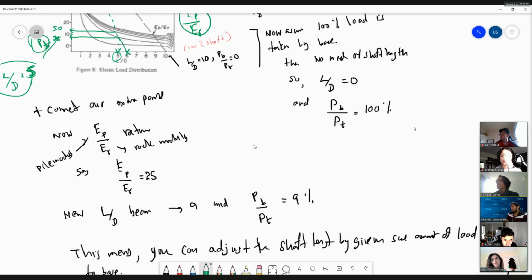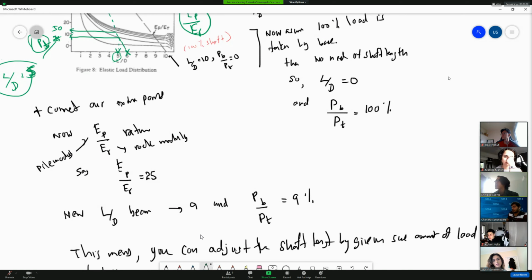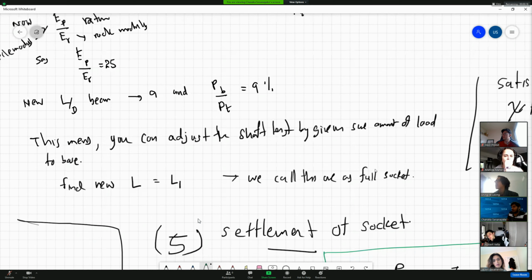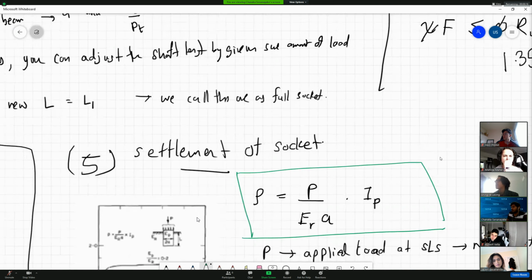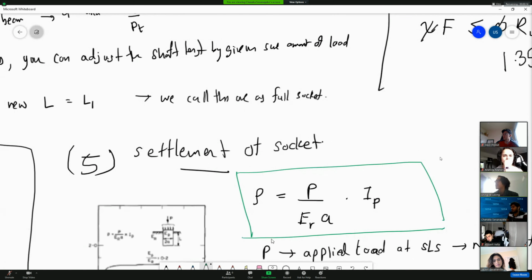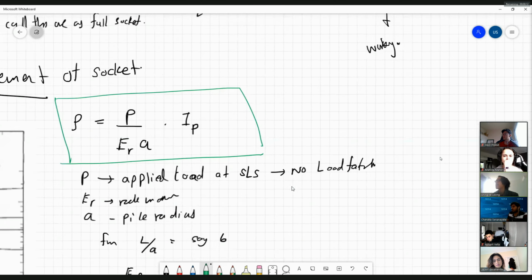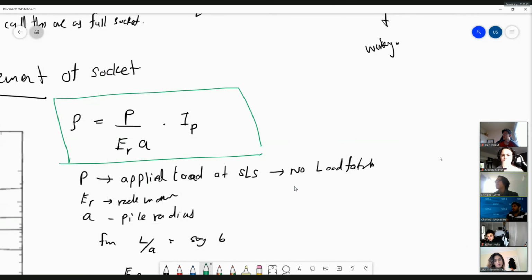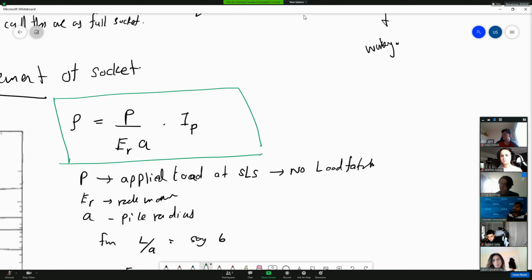So delta V is the loading, also the load plus the negative skin friction. So we still include the skin friction as well. Yeah, settlement long term, no? Yeah. Okay.